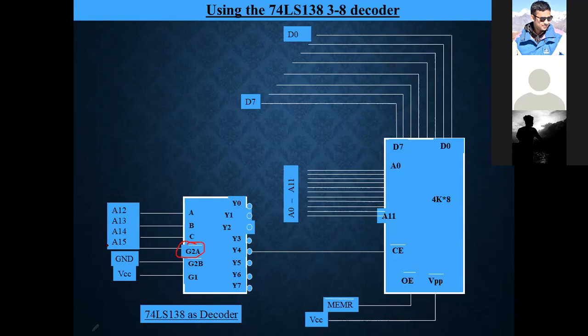Now whatever we are talking about, this A12 to A15, A15 is connected to G2A, so this is active low, so A15 must be 0.